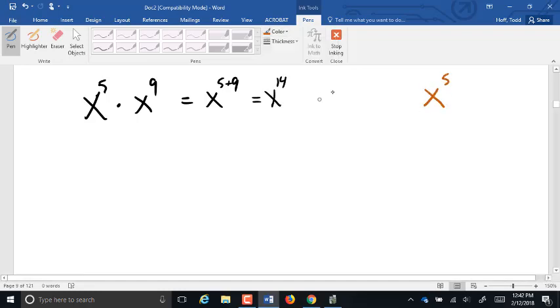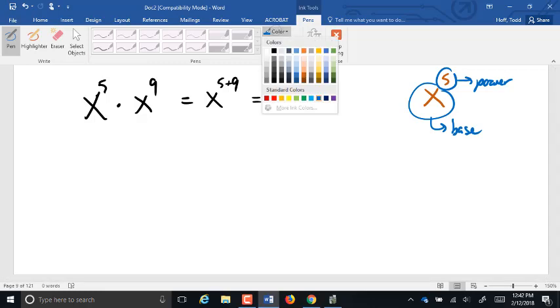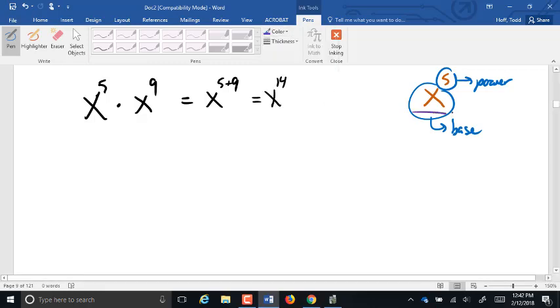We have the base, which is this number right here. Then we have the power. When we're multiplying exponents that have the same base, these are both x, we can add the powers. 5 plus 9 is 14.